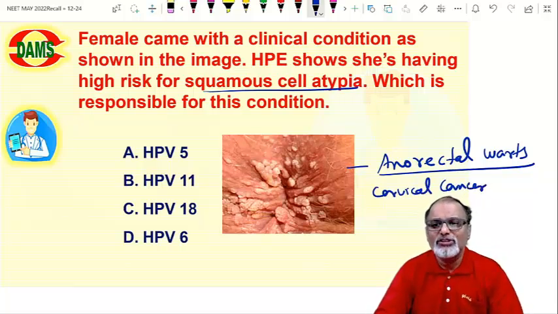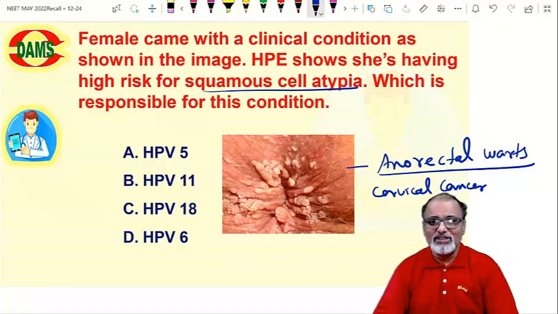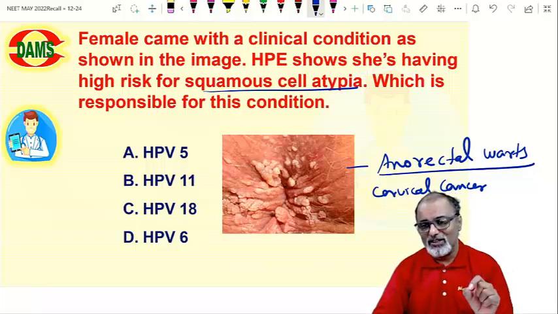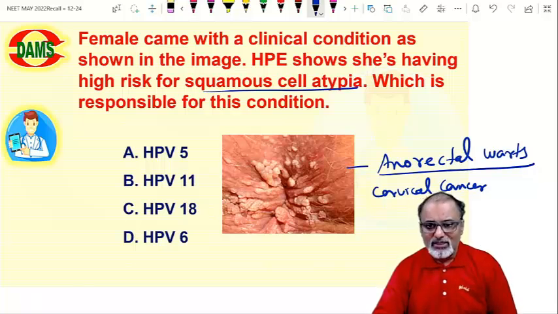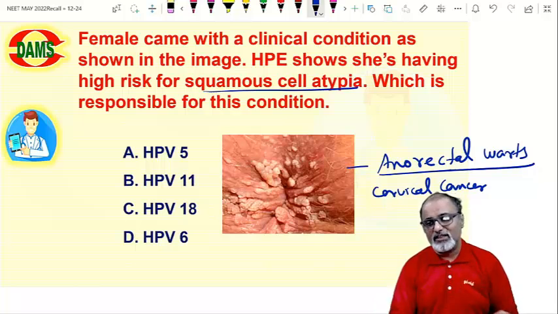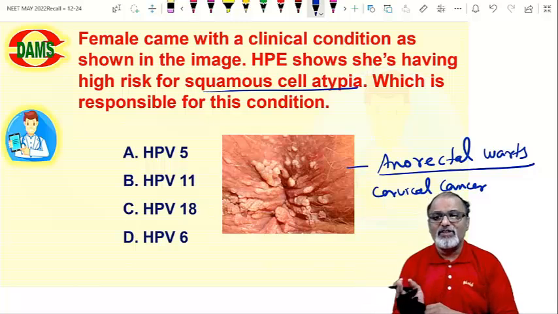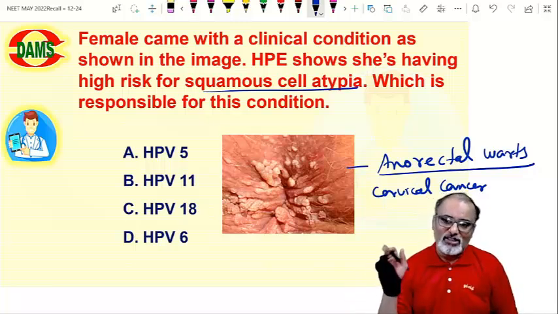Now the question is, we have two versions. Some kids are asking which serotype is responsible for that squamous cell atypia, that means cervical cancer. Some kids are saying she is more prone to get cervical cancer, but which serotype is responsible for this condition, that means anorectal warts.